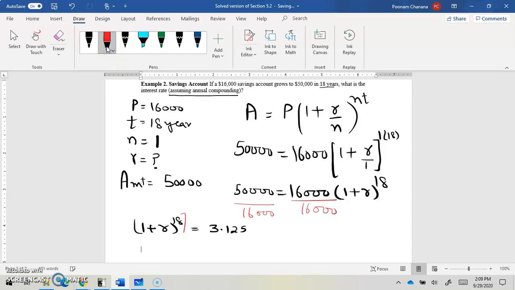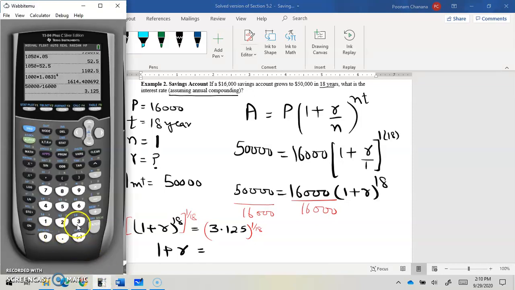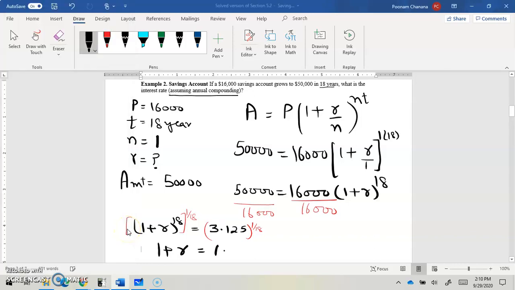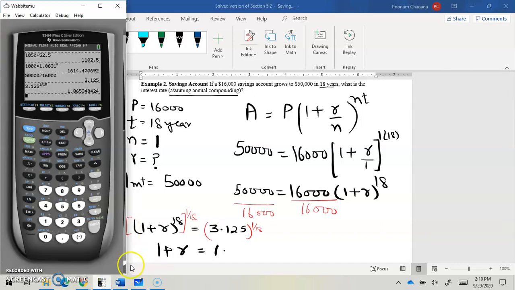That means if we take the 1/18th power on both sides, it should work, right? So that will give me 1 plus r is equal to, using a calculator, 3.125 raised to the power 1/18th. We have 1.065, right?